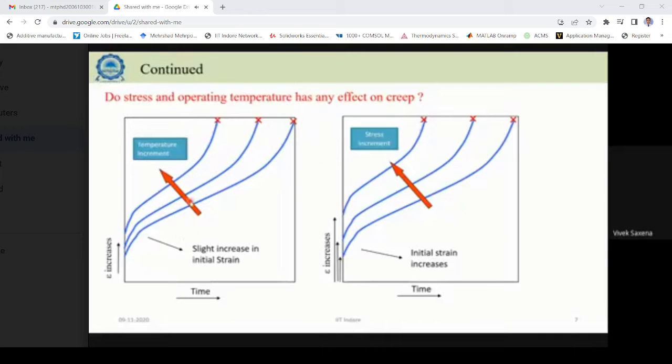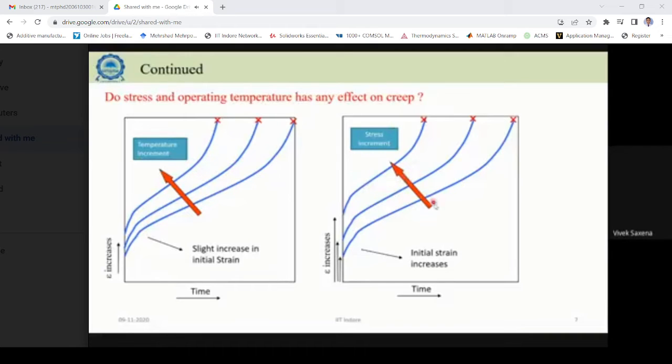In the first diagram, the creep curve has been drawn for the same stress with the increment in temperature, and it can be said that with the increase in temperature, the time taken to fail decreases. Similarly, the same trend is observed in the case of stress increment.